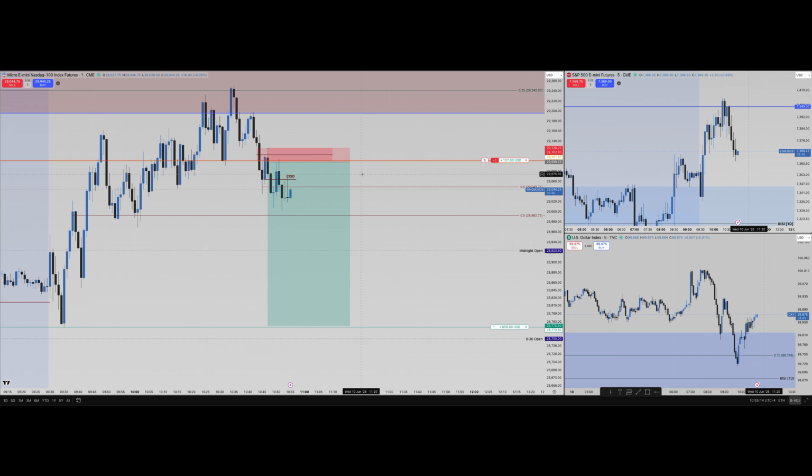Price should propel, as the name suggests, lower. We're seeing that here, getting good displacement right through that swing low.